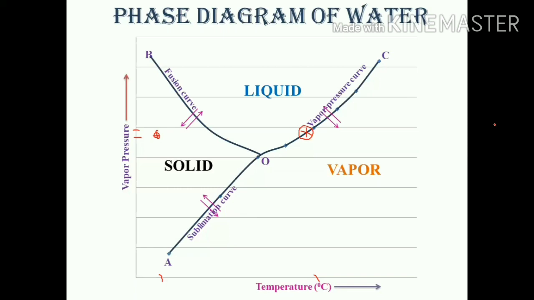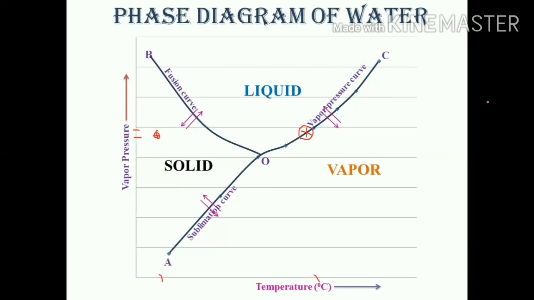So this information we get from the phase diagram of water. These are the two important points. Along the curves we have two phases, right? And what are those phases? Definitely the ones which lie to the left and right of the respective curve. And in the areas we have only one phase, a single phase, that is the pure phase of water.